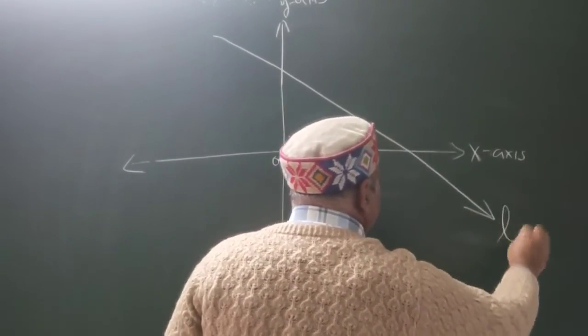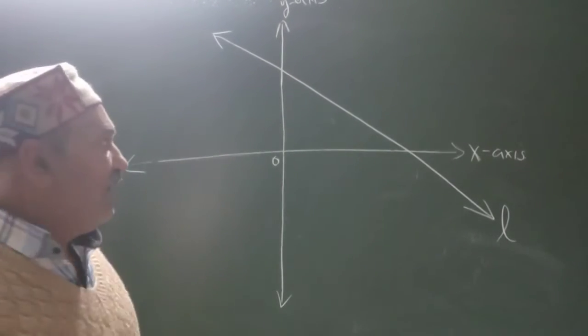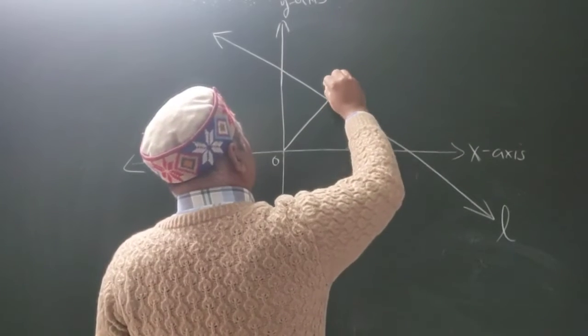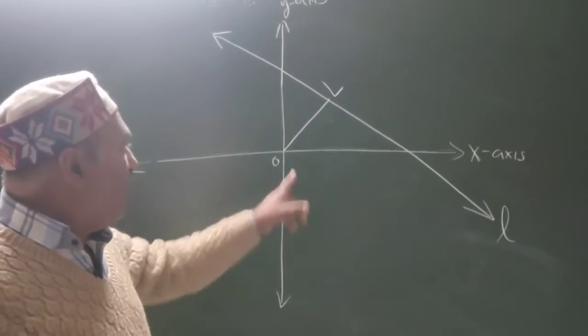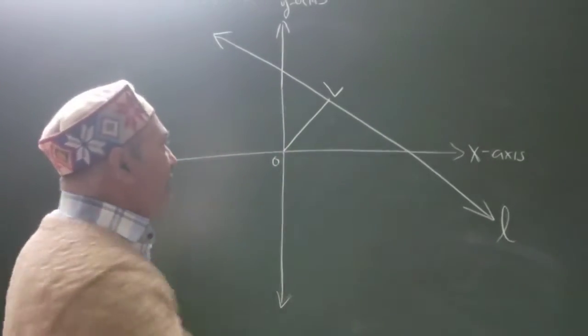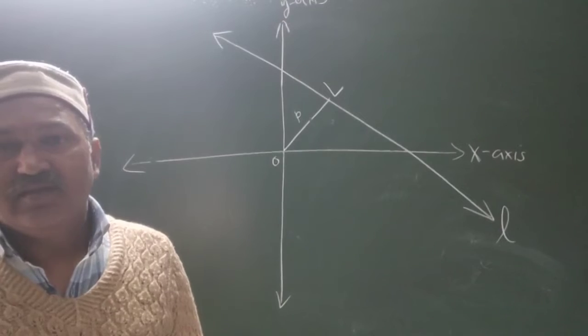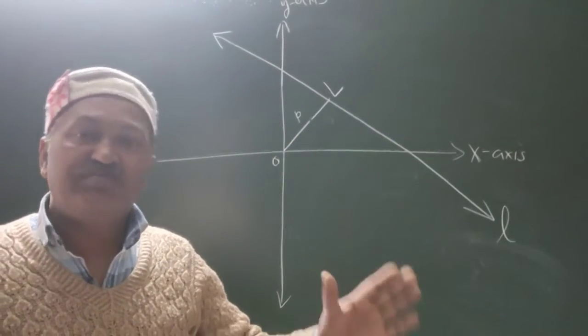L is the given straight line, and OL, it is the length of the perpendicular from origin to the given straight line, that is P, small p. This is given to you. Hence, it is also called perpendicular form.